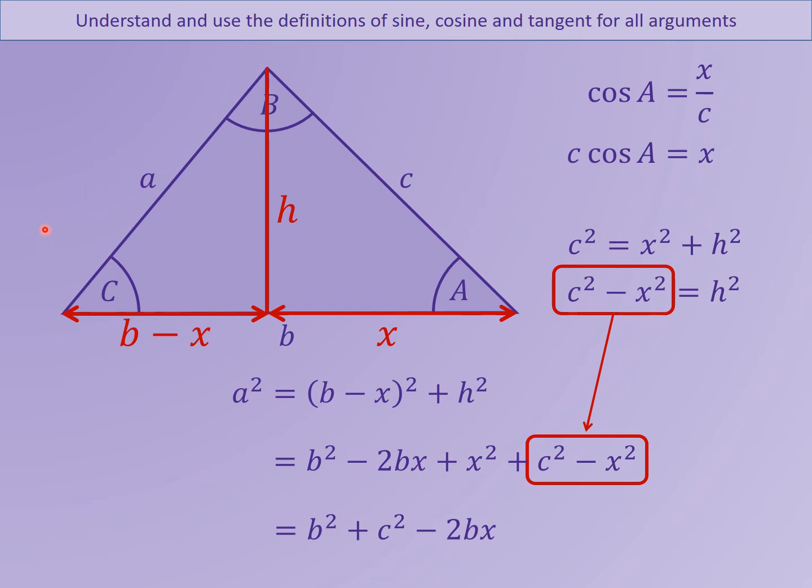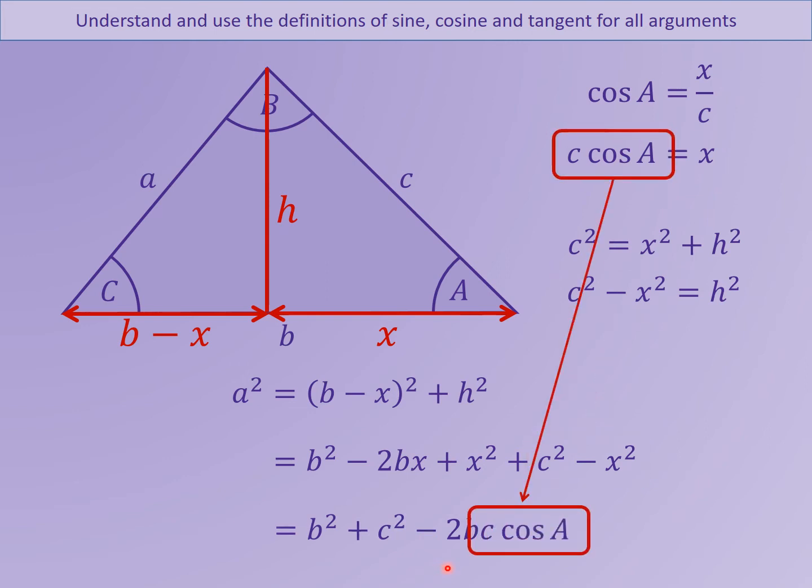And then I can see that the x squareds cancel to leave me with b squared plus c squared minus 2bx. And then finally, using the equation that I found right at the very top of the board, I can replace x within my formula, and I end up with a squared equals b squared plus c squared minus 2bc cosine A, which is our cosine rule formula.